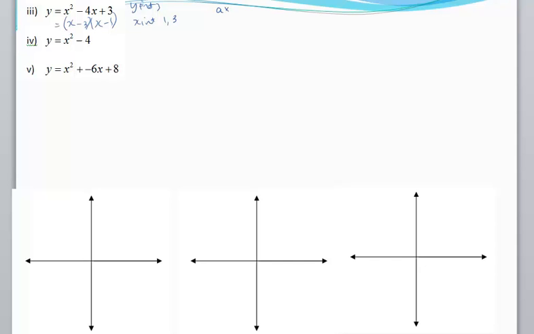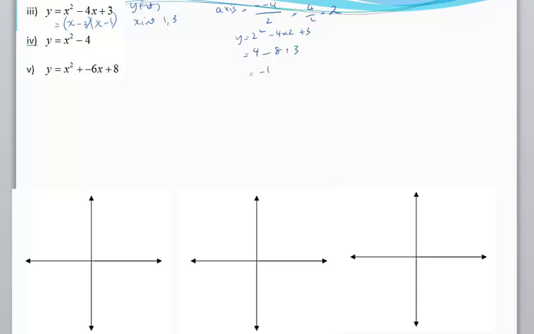Our axis is minus b, minus minus 4 on 2a, so it's going to be 4 on 2, which is equal to 2, and our value at this point, our minimum value, when x is 2, y is equal to 2 squared minus 4 times 2 plus 3, which is 4 minus 8 plus 3, equal to minus 1.